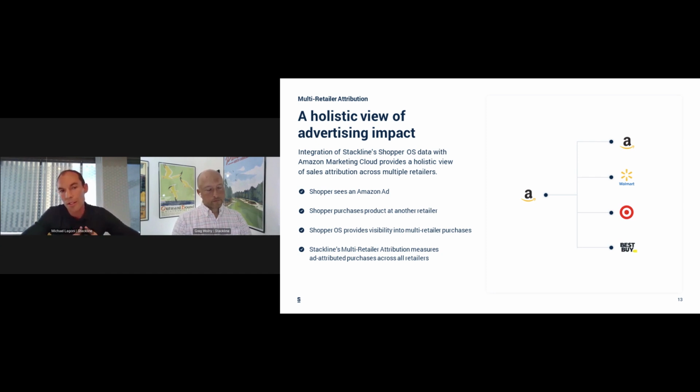So that's one nice aspect that clients have really asked for over the years, is they don't want a model or some fancy math to sort of predict what the sales impact was. They want deterministic data. They want to know that this one consumer saw the ad here and then went and bought my product physically at a store 2 days later.